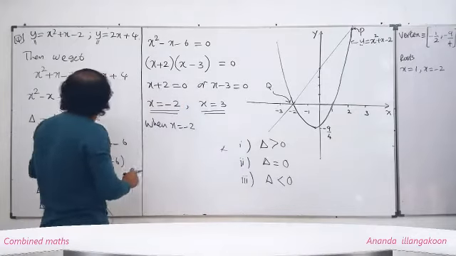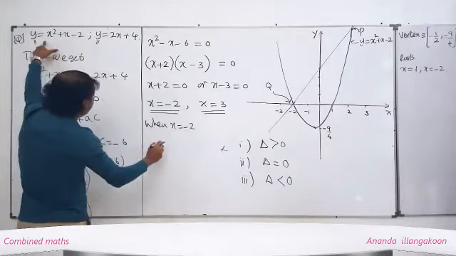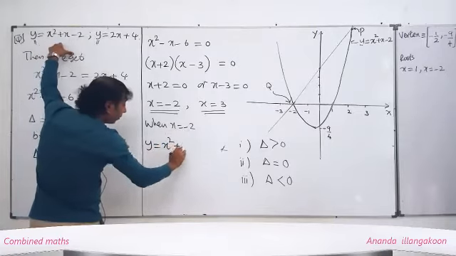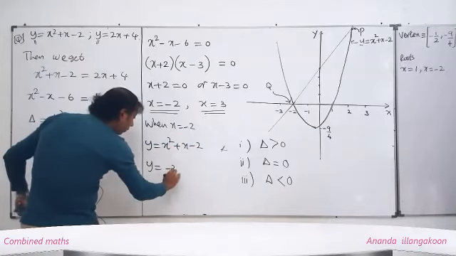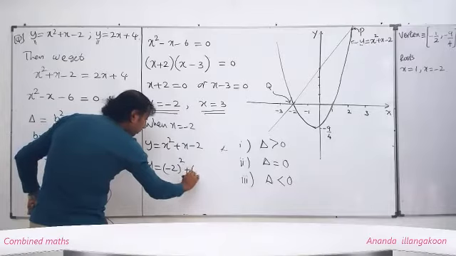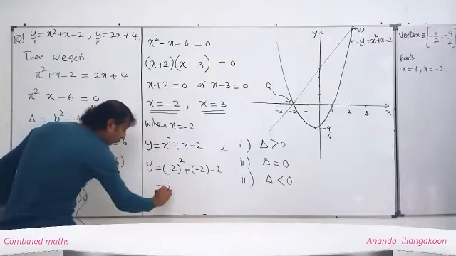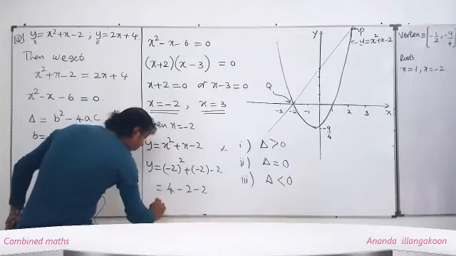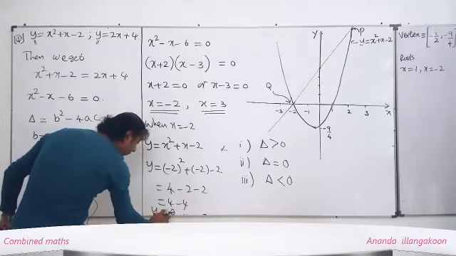To find the y coordinate, put that x equals -2 here. Then what do you get? y equals x squared plus x minus 2. For x, put -2 squared plus -2. -2 squared is plus 4, and plus -2 is minus 2, so 4 minus 2... 4 minus 4, it is nothing but 0. y is 0.